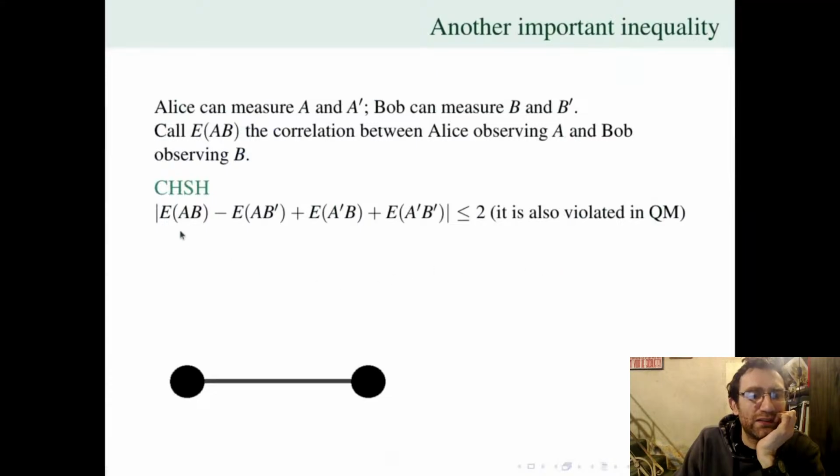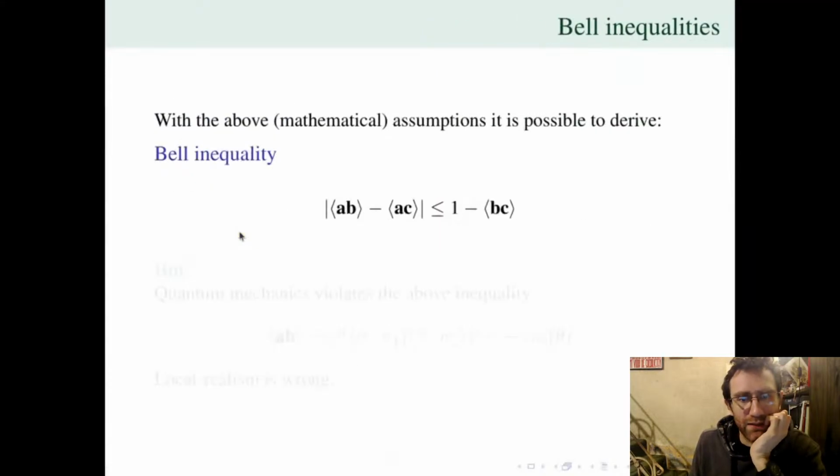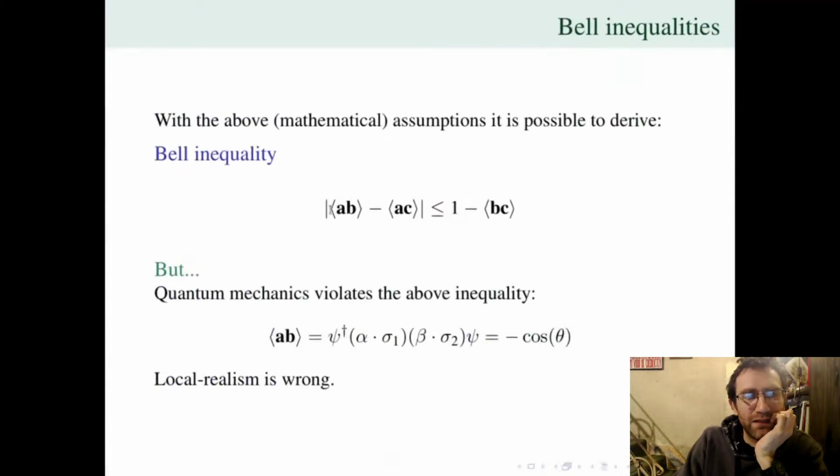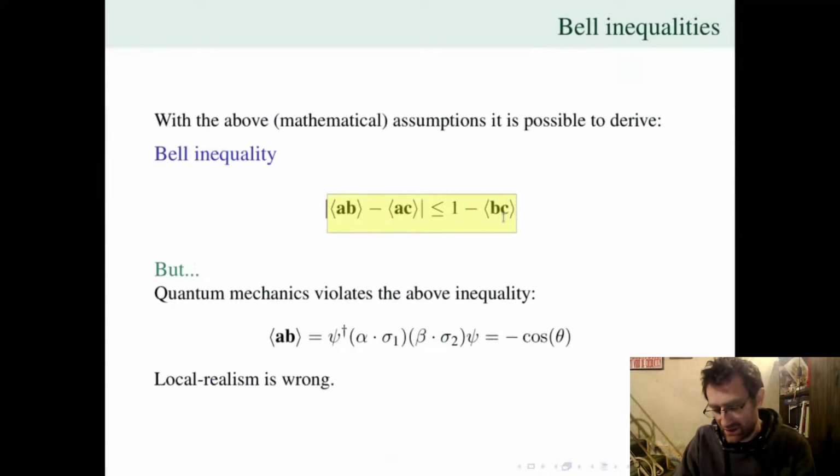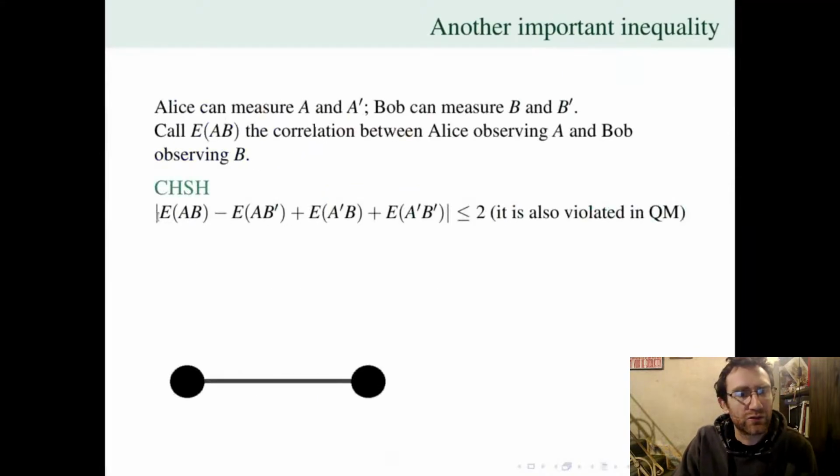As I told you before, this can be empirically tested. I put here the original Bell inequality, but nowadays there is a more popular version, which is the Clauser-Horne-Shimony-Holt non-locality inequality, which is pretty much the same idea as before.